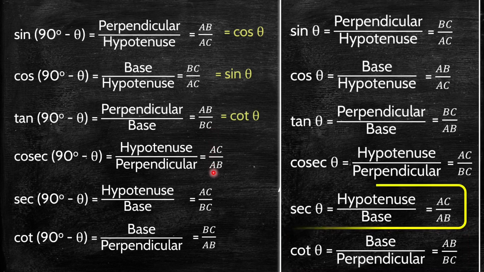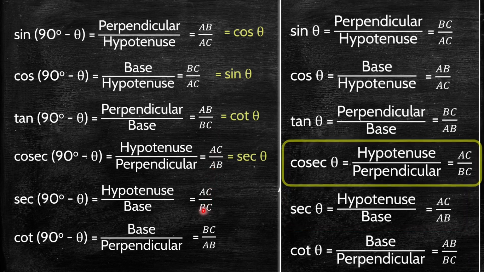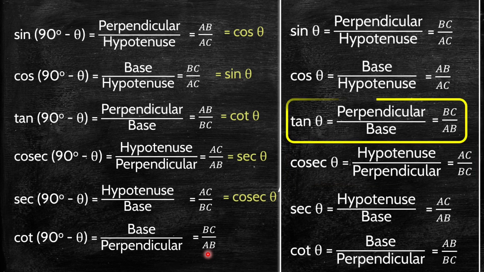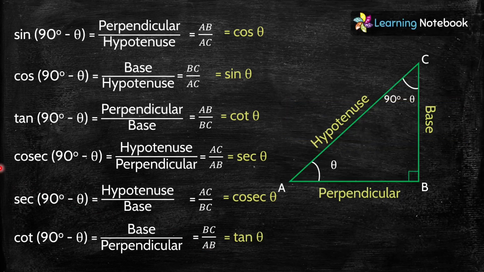AC by AB is secant theta. Then AC by BC is cosec theta and BC by AB is tan theta. So, these are the 6 trigonometric ratios of complementary angle.